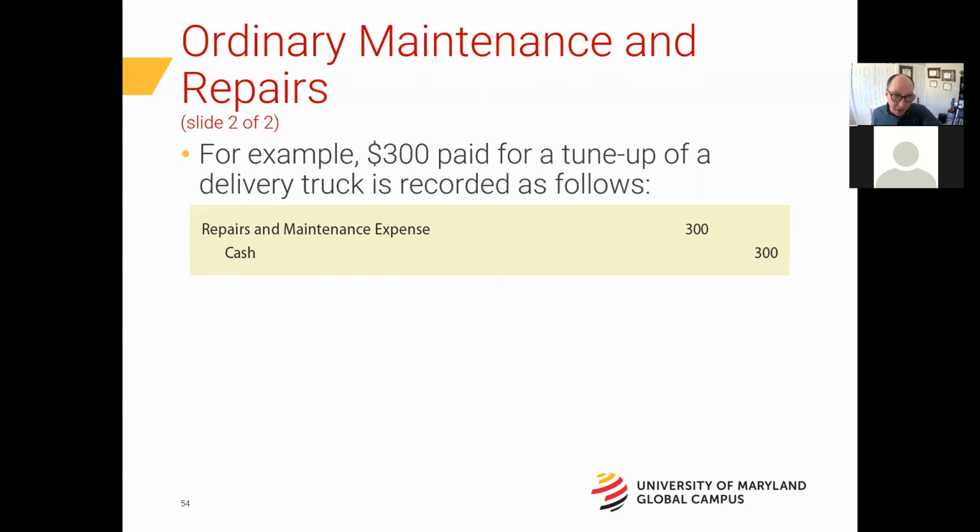And here's another example: a tune-up. Tune-ups do not improve useful life. All it means is that I am fine-tuning the engine to make sure it lasts as long as it's supposed to. Okay, you do this with your car every couple of years, typically. Debit repairs and maintenance expense, credit cash. Just a very simple expense.